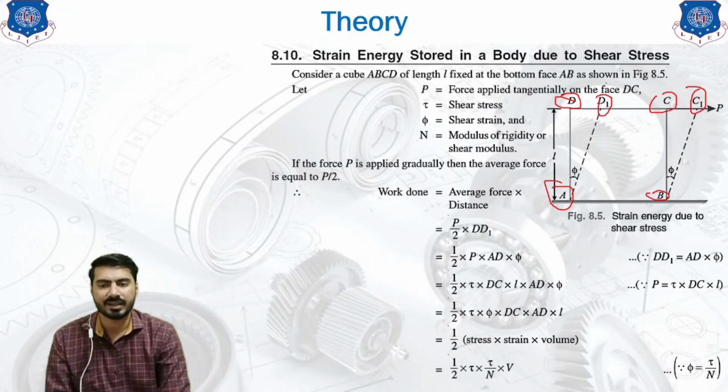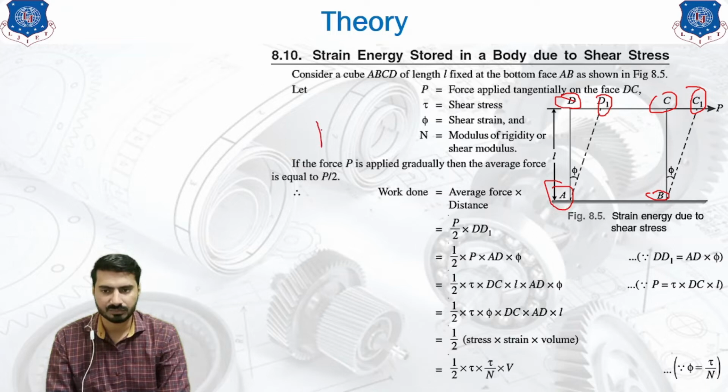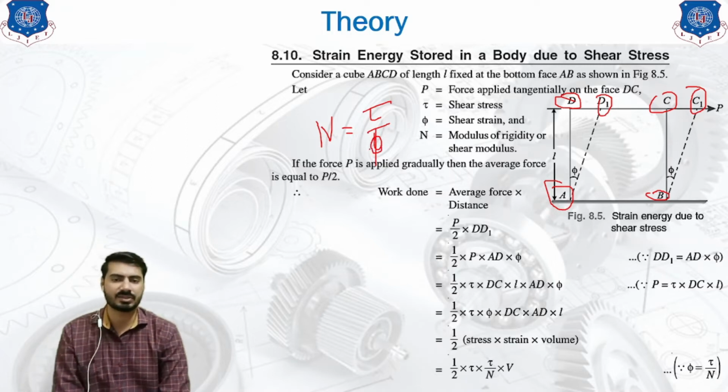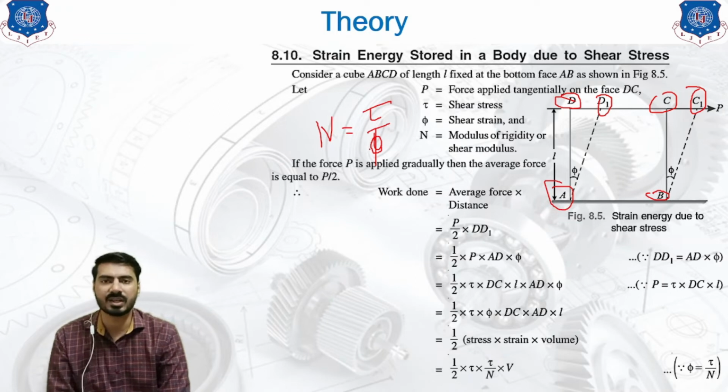We know that N is stress upon strain, that is, tau divided by phi. We have already studied this elastic constant in previous lectures; this was just a quick reminder.